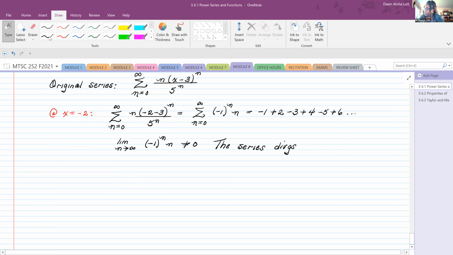And then at x equal to 8, I get the sum n equals 0 to infinity of n times (8 minus 3) to the n over 5 to the n. And that's just the summation n equals 0 to infinity of n, and that also diverges.